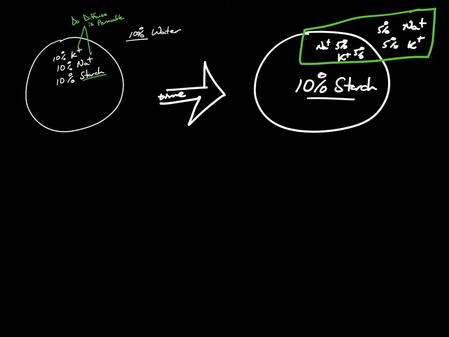But because that 10% starch is still present, outside you had 100% water, but now it's 90% water and 10% sodium and potassium. But inside you still have 10% starch and you have 90% water.